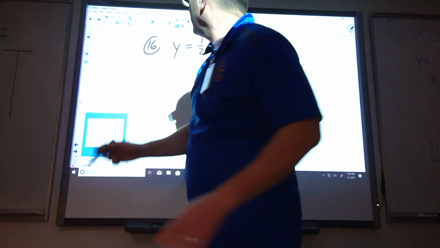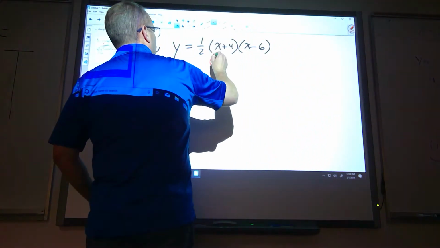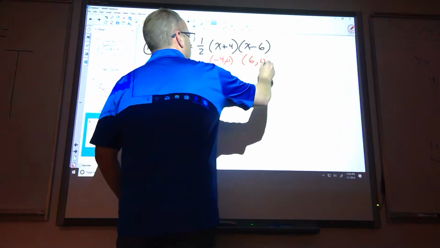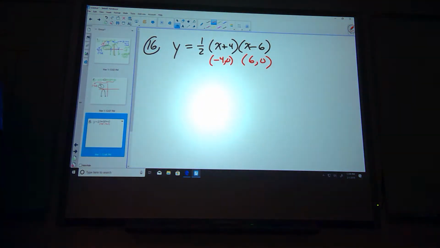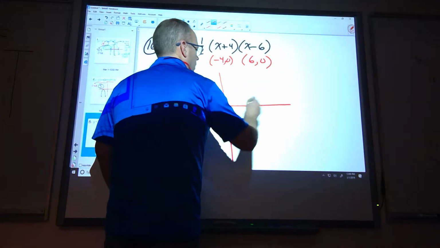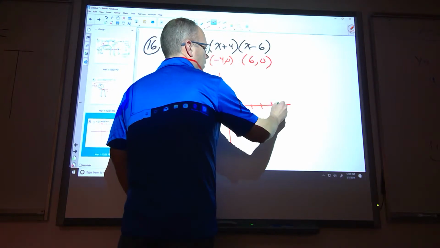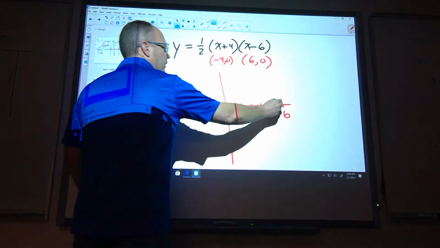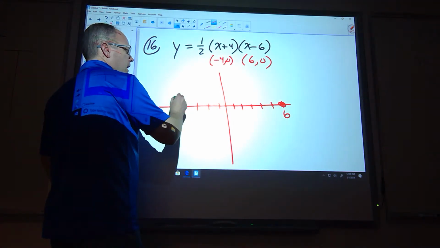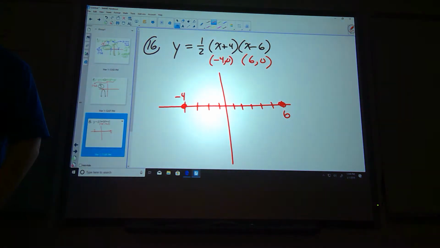Okay. So this is going to give me the point negative 4, 0. And this will give me the point 6, comma 0. Do you feel comfortable with that? Okay. I'll put a dot right there. And 1, 2, 3, 4. Put a dot right there. Is that okay so far?